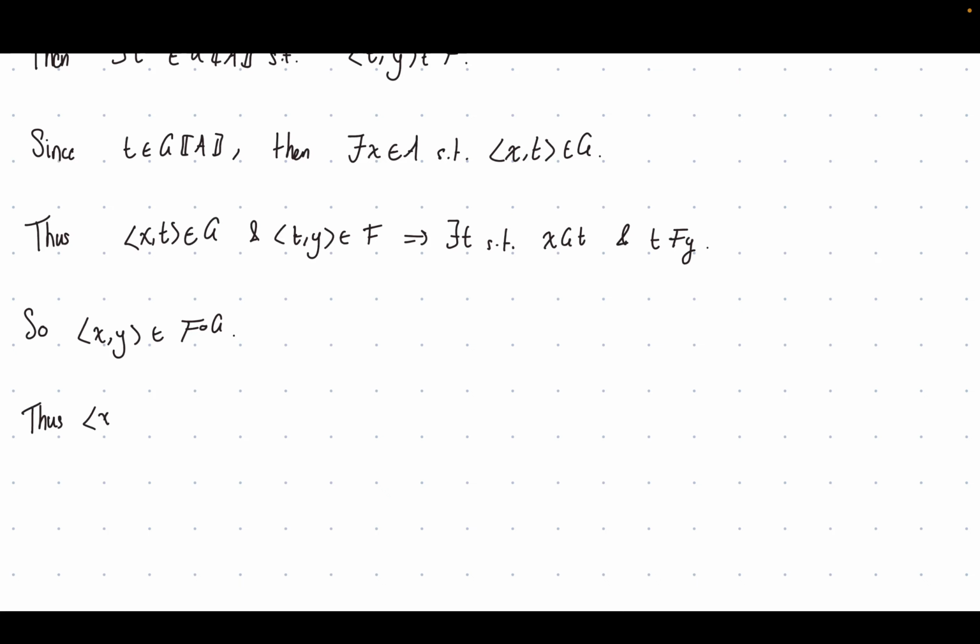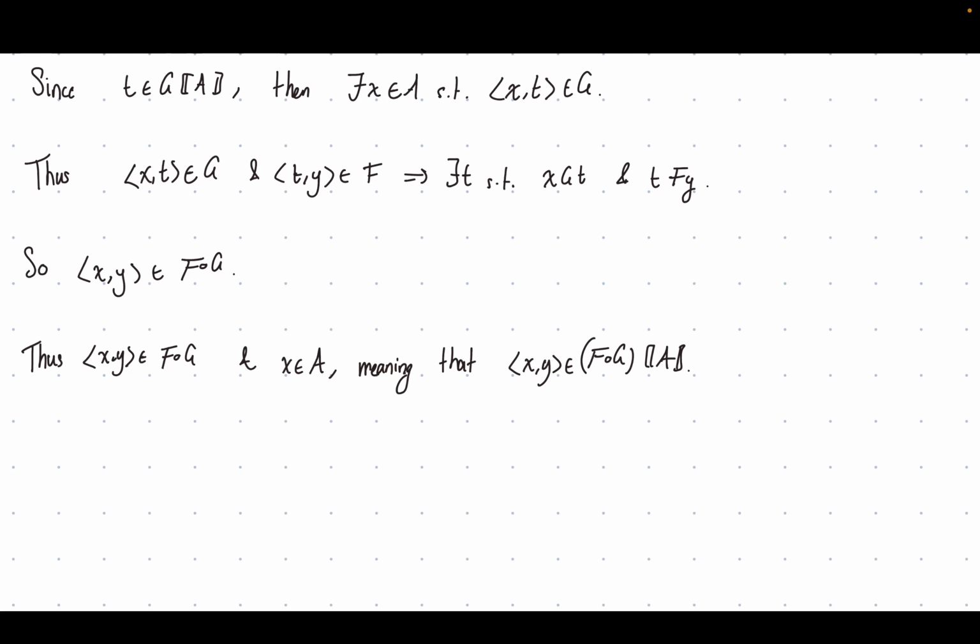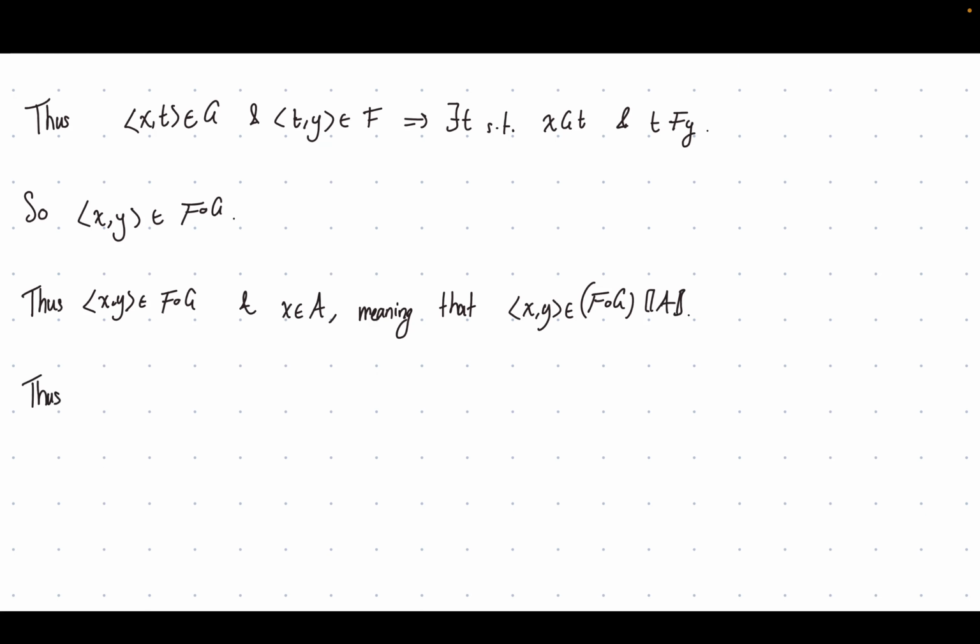And thus we have that x, y is in the composition of F and G, and x is in A, meaning that x, y is in the image of the composition of F and G under A. And thus we have that our right hand side is a subset of our left hand side.